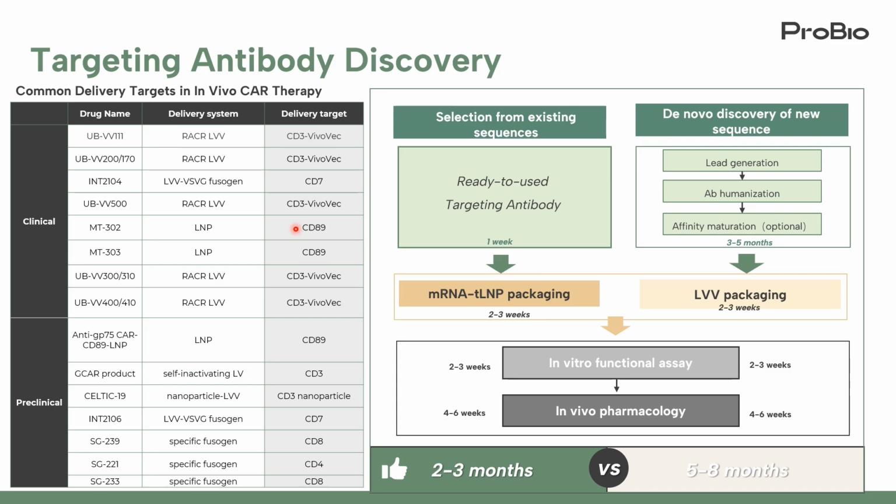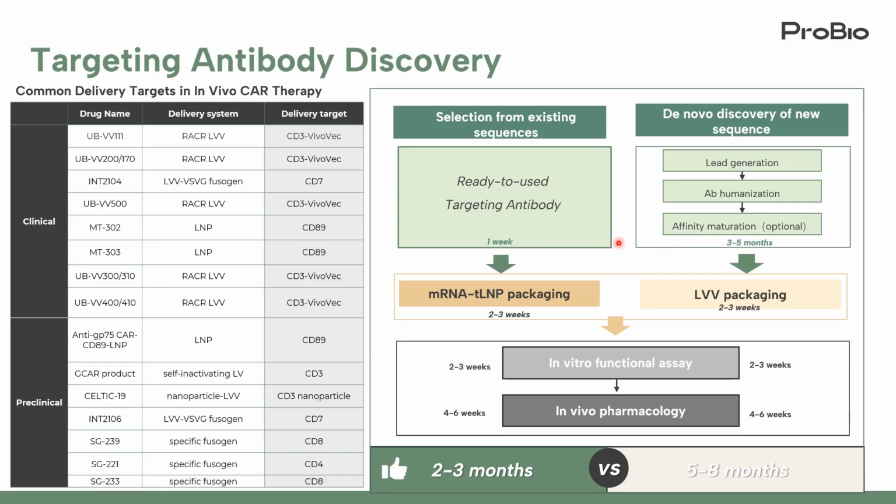For the generation of these targeting antibodies, there are two different options: ready-to-use antibody from published literatures or de novo discovery of a novel sequence. The typical timeline from material generation to pharmacology validation is 3 and 8 months, respectively.